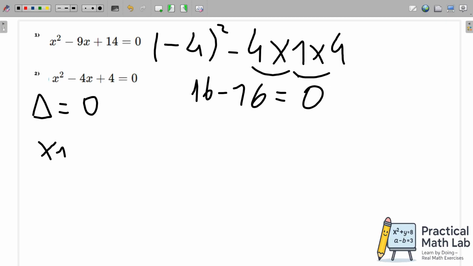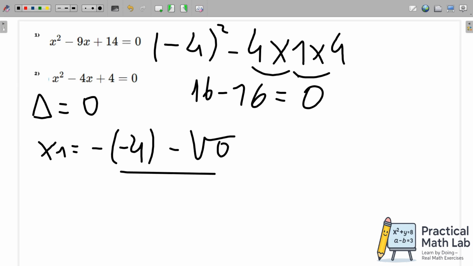Now let's apply the Bhaskara formula for x1, which is minus b. So minus minus 4, minus the square root of 0 over 2 times 1. Minus and minus makes plus, so it becomes 4.